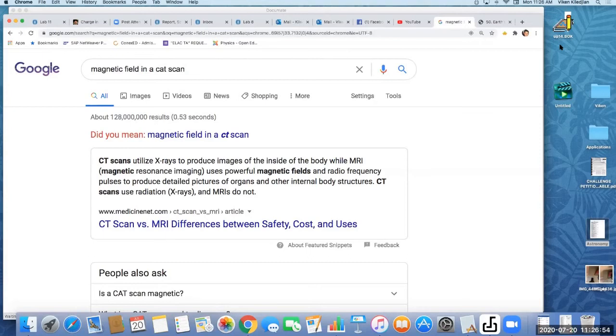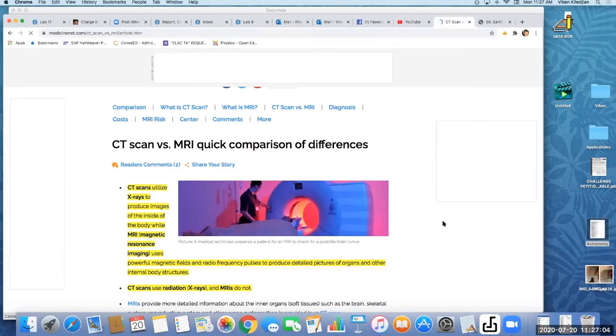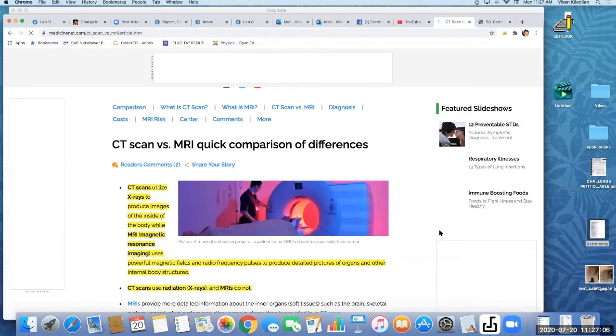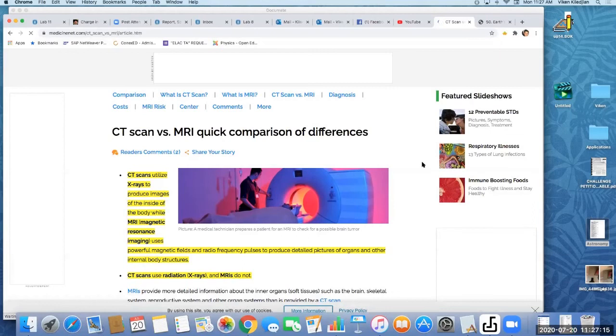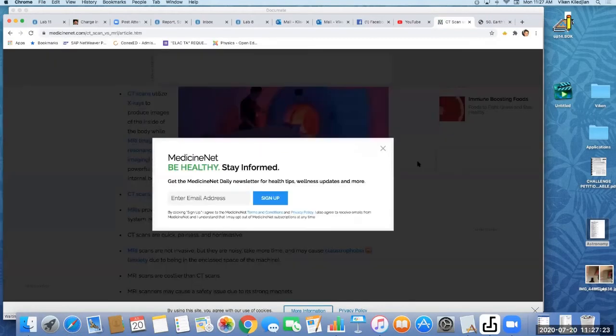Do CAT scans use magnetic fields? CAT scans versus MRI differences. CAT scans use radiation, X-rays, and MRIs do not.